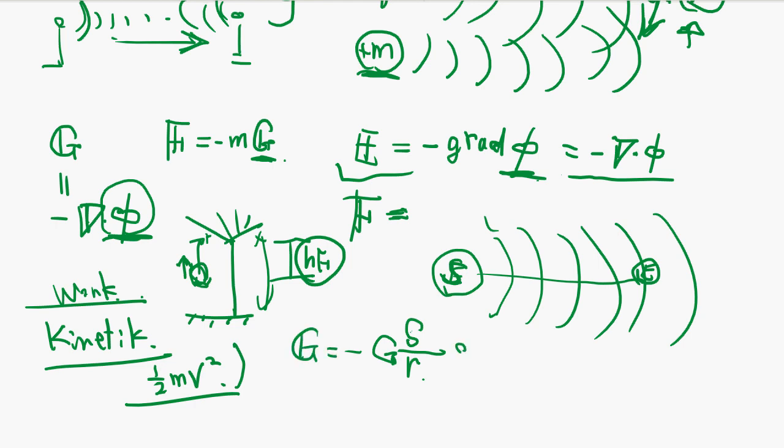This is one direction, right? Okay, so this is not r square, it's r, and if you take this one, negative.